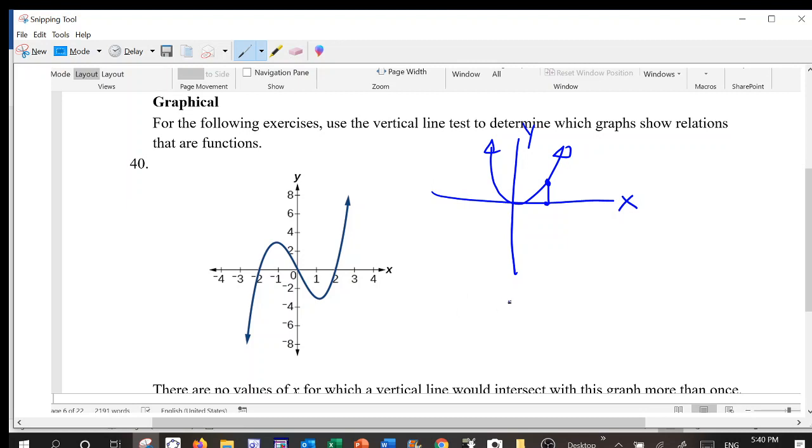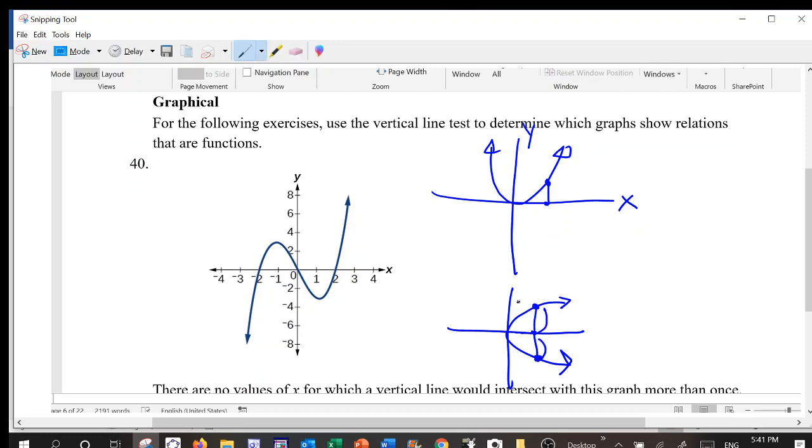For example, if we have a relation that looks like this, well, obviously for all of these x values, we have two different y values, right? See? For this x value, we have two different y values. So this is not a function.